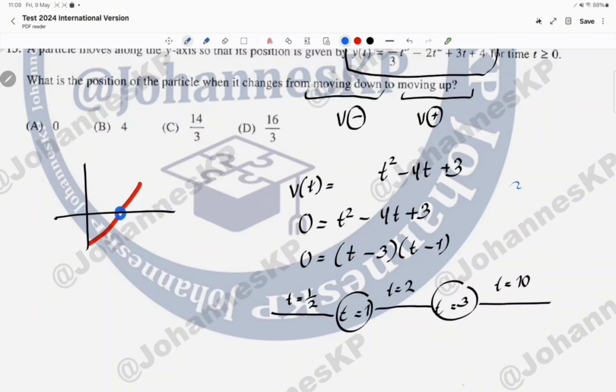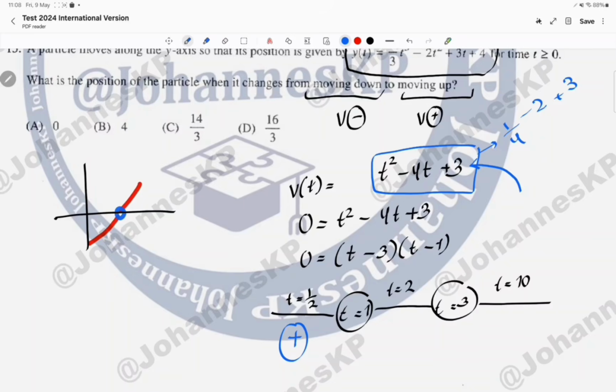So right now, if you plugged in half in here, what do you get? Do you get positive or negative? You get 1 over 4 minus 4 times half, which is 2, plus 3. Then you get a positive number, right? So moving up. Okay.